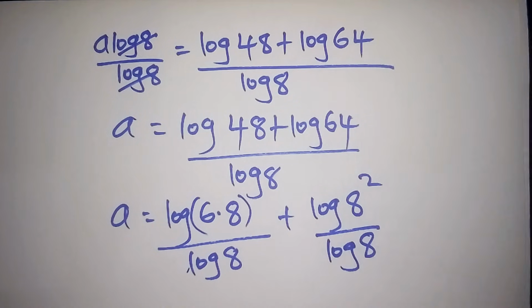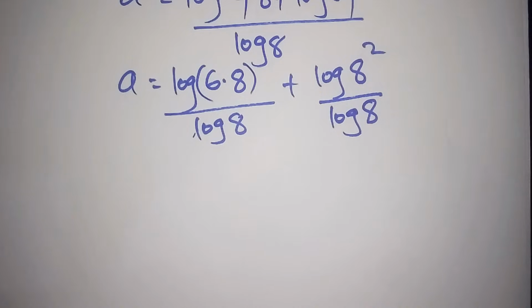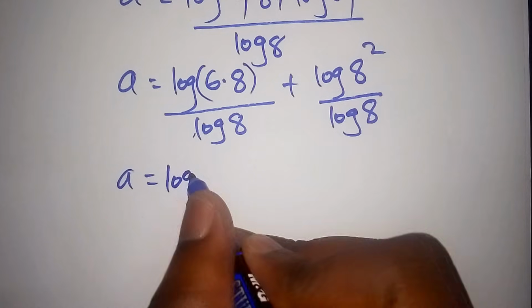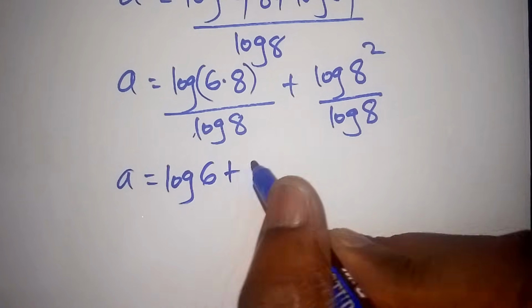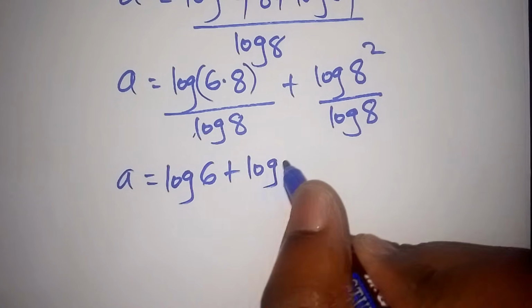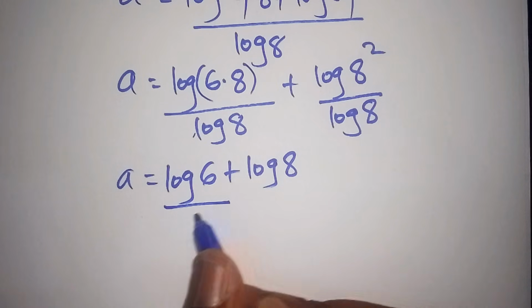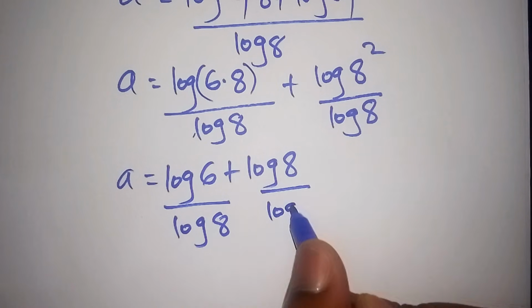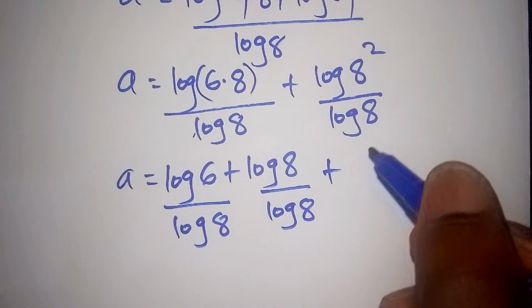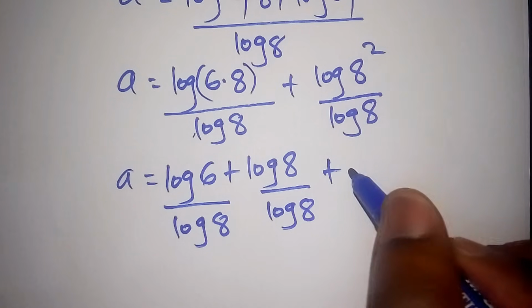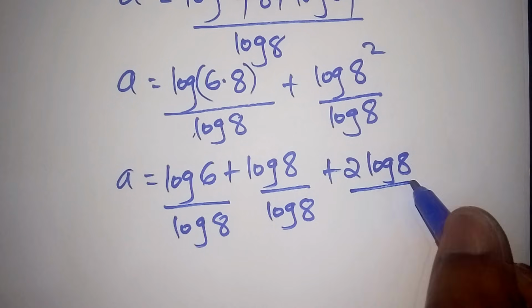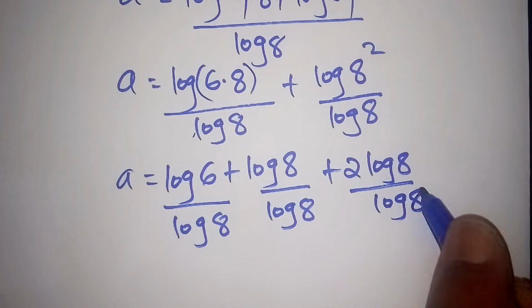Next we shall have a equals the log of 6 plus the log of 8, each divided by the log of 8, all over the log of 8, plus the log of 8 to the power of 2, which can be written as 2 times the log of 8, all over the log of 8.